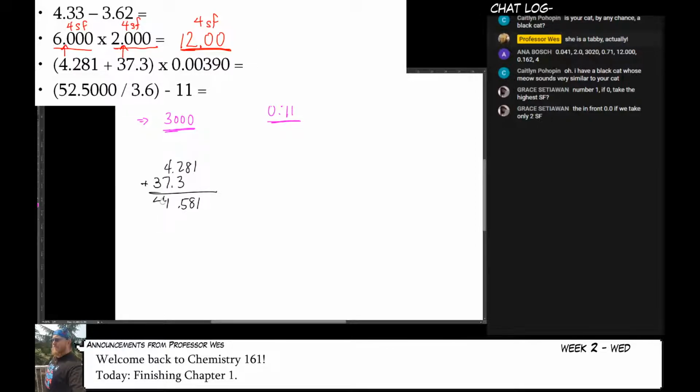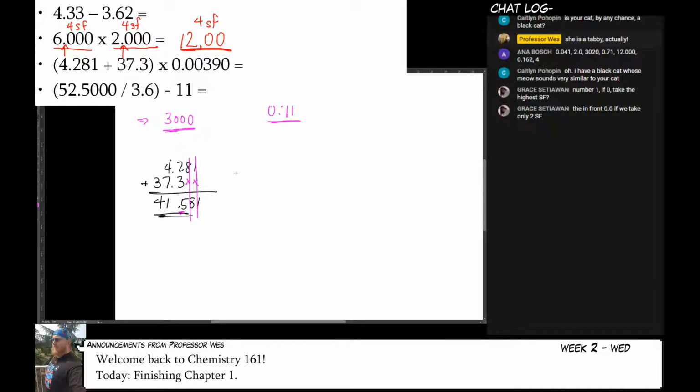There we go. Wow, that 4 was really wide. All right, and then I need to check for sig figs, and you should notice pretty quickly that these aren't going to work, so I don't get to keep these numbers, because there's no digit there. But I do get to keep this and further, because there are numbers on every position. So the result that I would import into the parentheses would be 41.5.